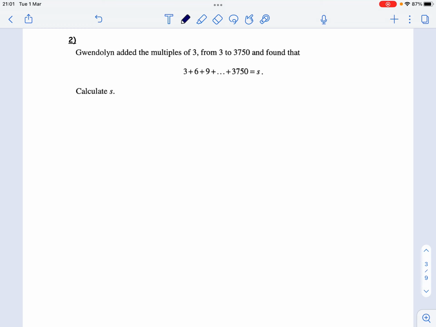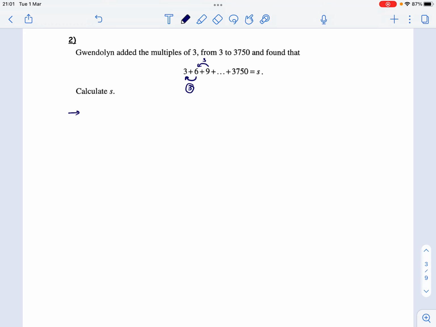How do you check? Always find the difference: 6 minus 3, never do 3 minus 6. Next term minus previous term. 6 minus 3 is 3. 9 minus 6 is 3. Yes, the first two differences are constant, so it's an arithmetic sequence.